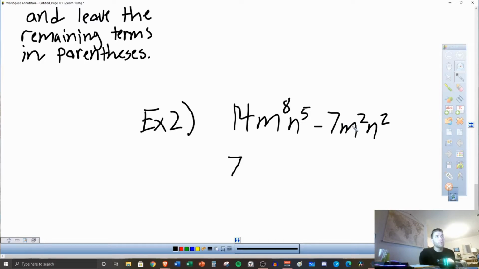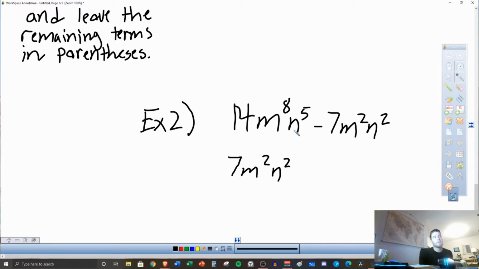Well, the most that I can take from both of them is m squared. So I'm going to take out m squared. Then we have n to the 5th, n squared. The highest amount that I could take or divide away is n squared. Okay? So that is our GCF.